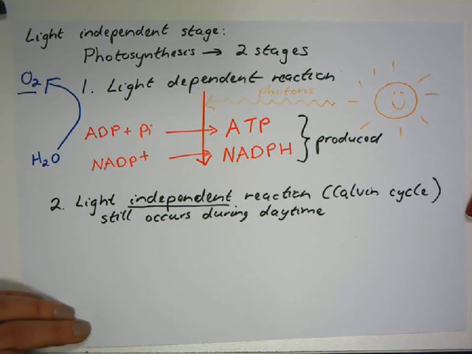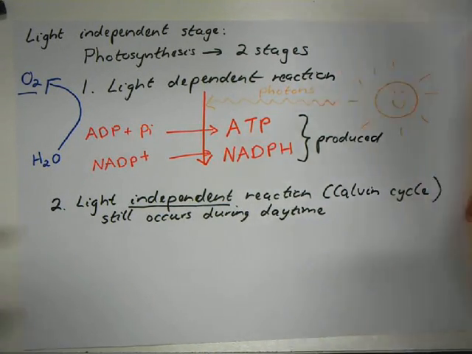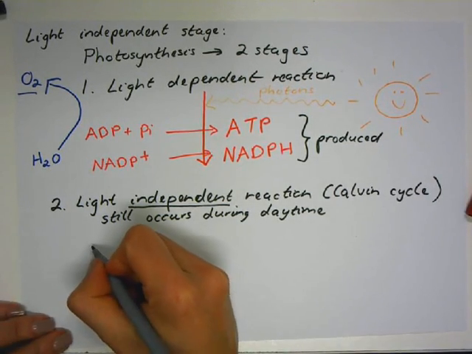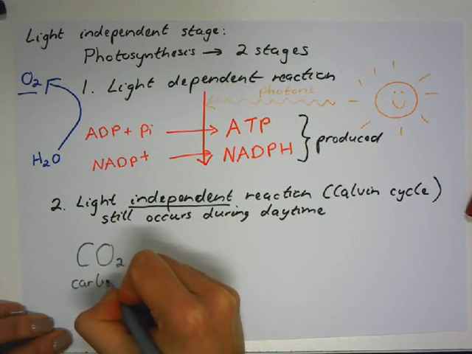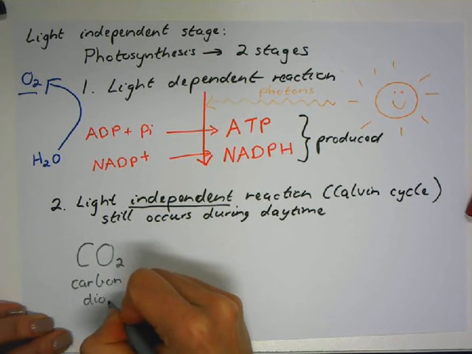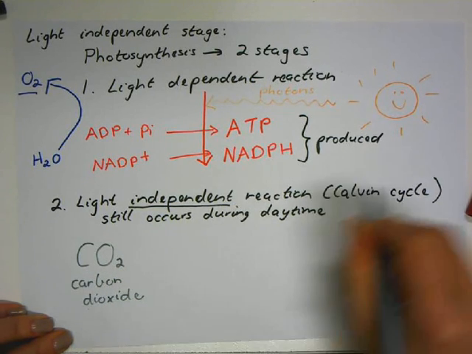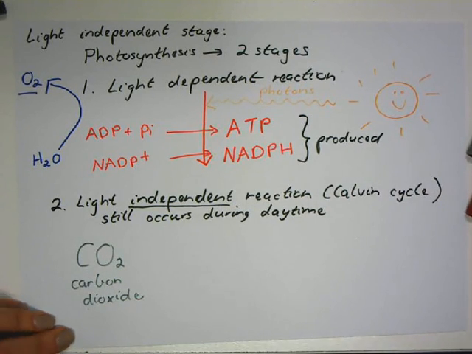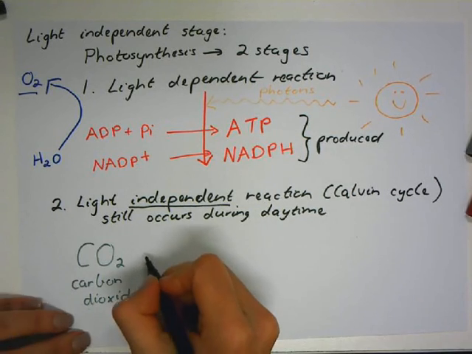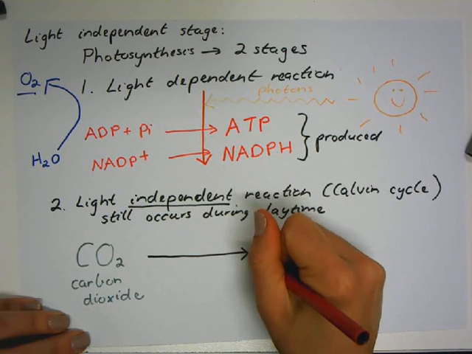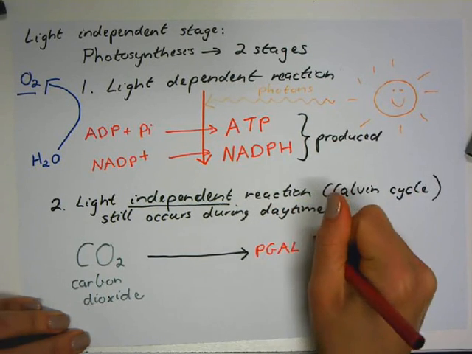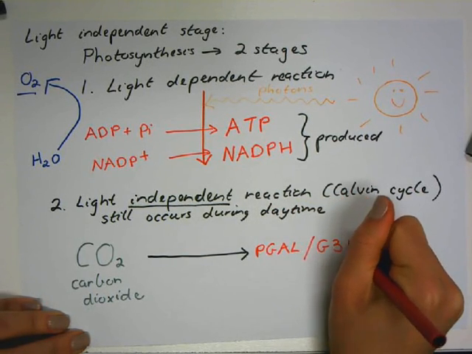It also needs another very important molecule, and this molecule is carbon dioxide. And this, along with ATP and NADPH, gets made into PGAL, or you might also see it written as G3P.